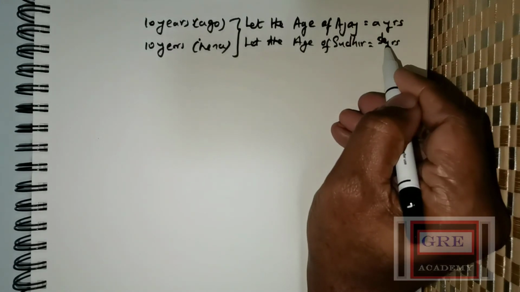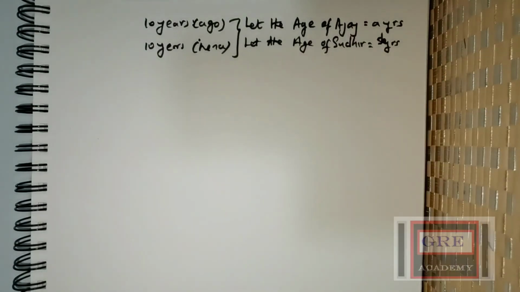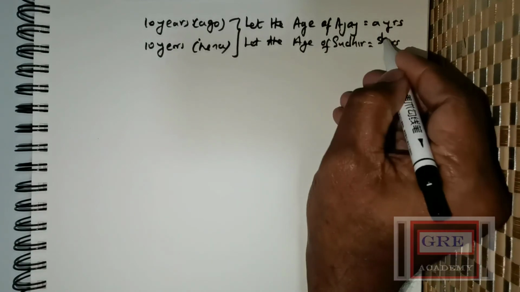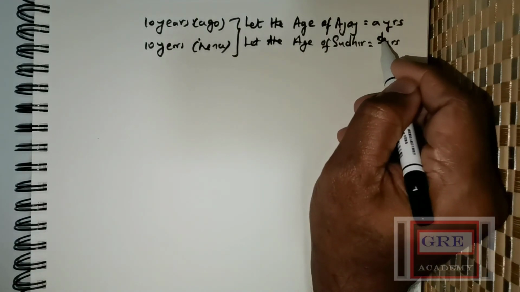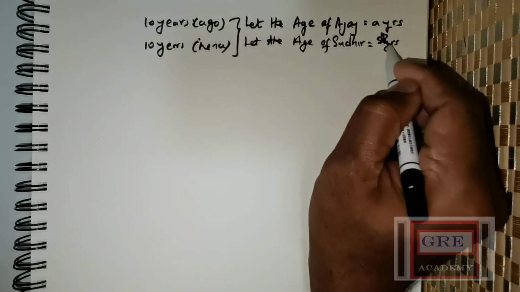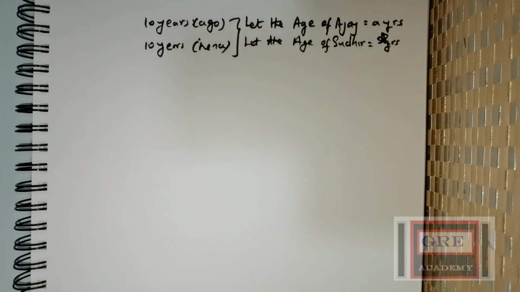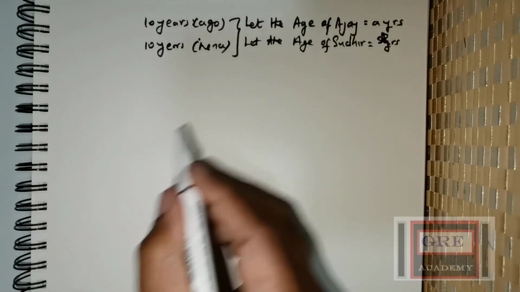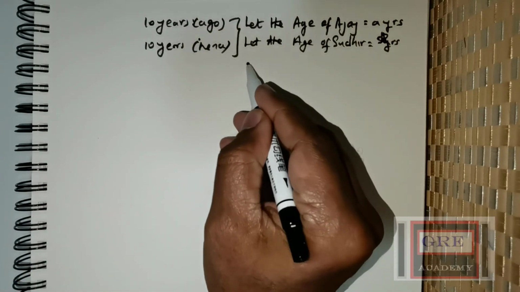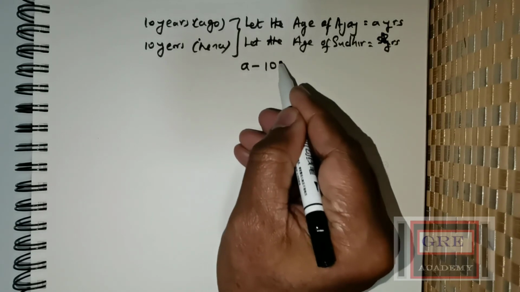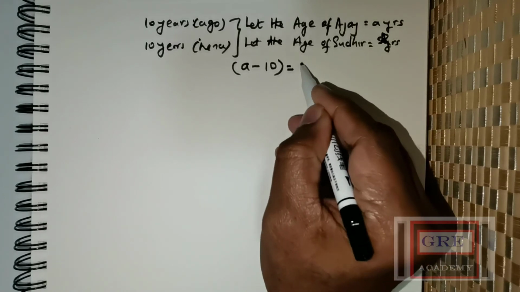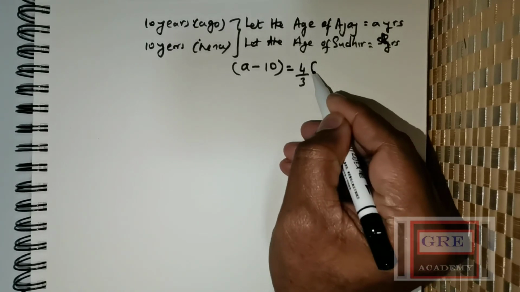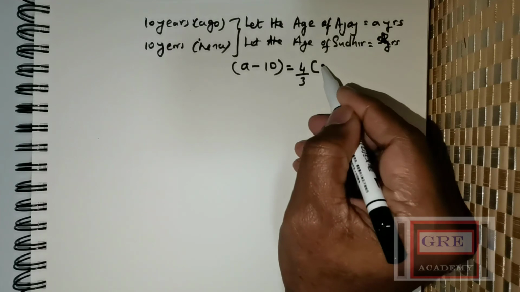Okay, so I have got these two pieces of information, Ajay and Sudhir. Just for a better understanding, let me write it as SR, Sudhir. Now, 10 years ago, Ajay's age is equal to 4 over 3 times Sudhir's age.